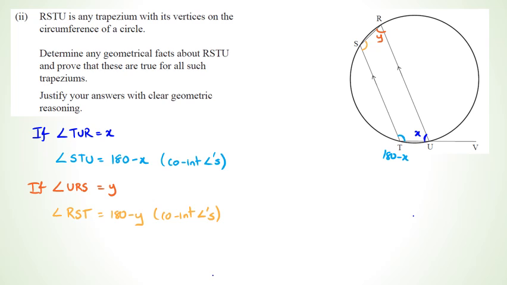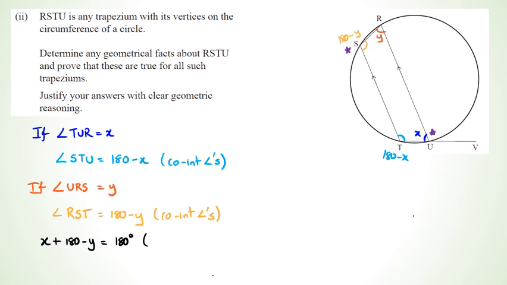So I'm looking at this angle RST, that's 180 minus y. So basically what we're trying to say is that if it's cyclic, those two angles marked in the pink must add up to 180 because of opposite angles of a cyclic quadrilateral. So if I take those two angles, I have x plus 180 minus y should equal 180 degrees.